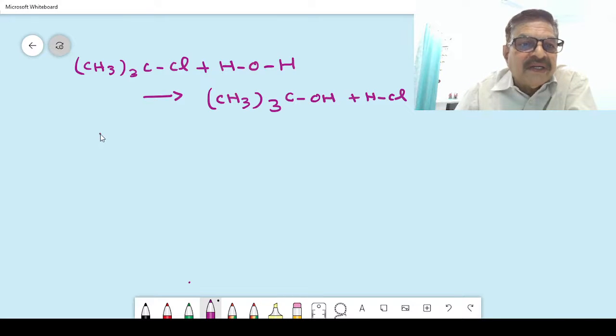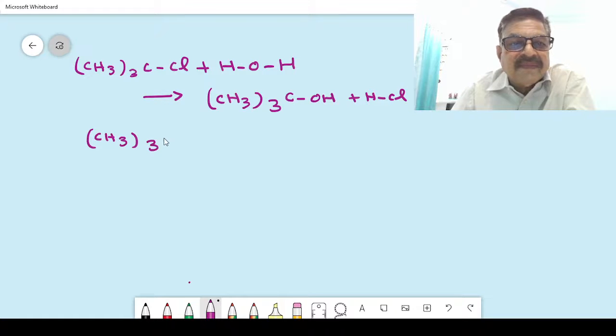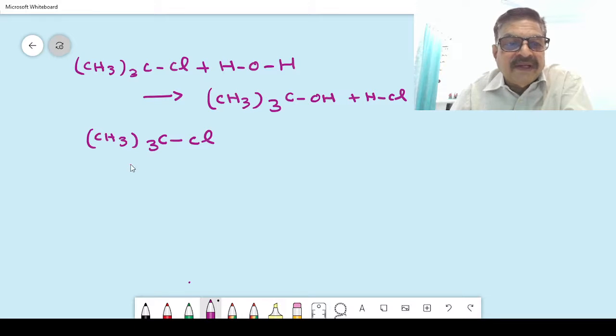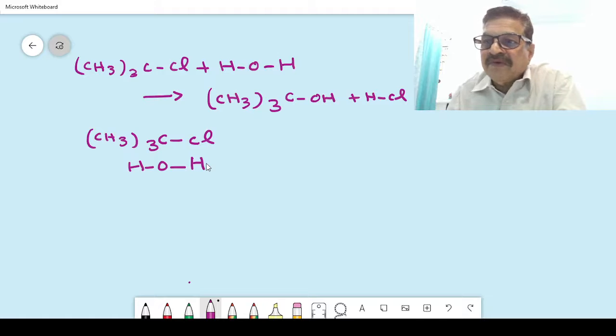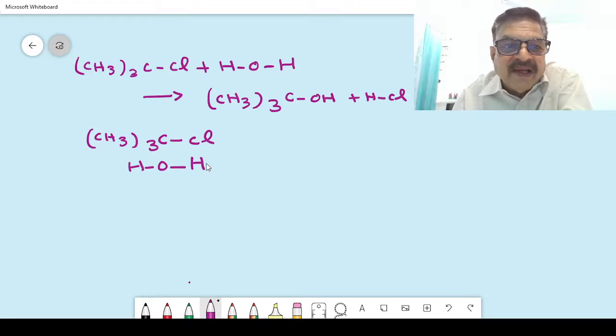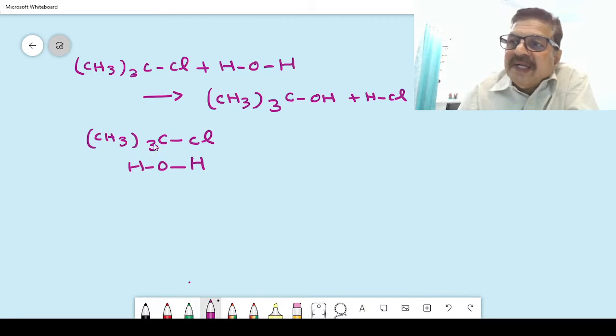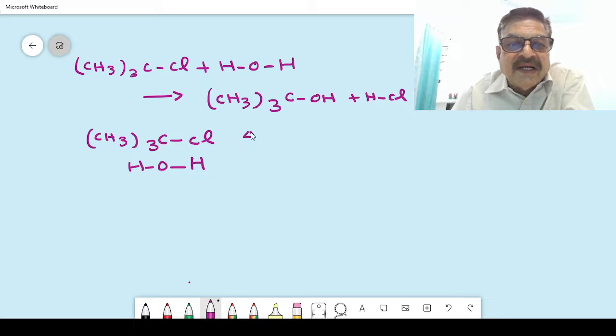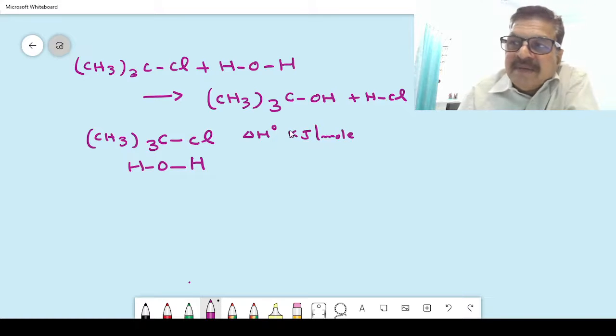The bonds broken are the C-Cl bond, which is broken here, and then this O-H bond is broken here. Two bonds are broken. Now what will be the dissociation energies here? We can get delta H in kilojoules per mole from the tables.